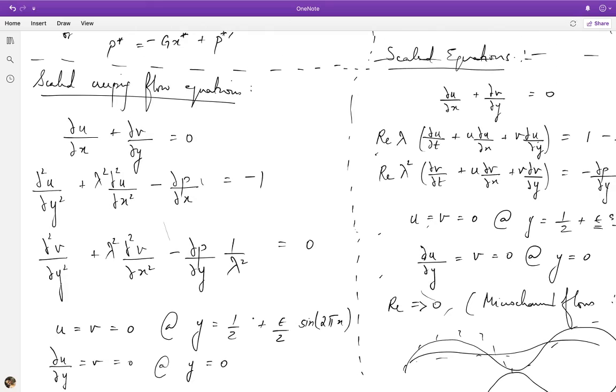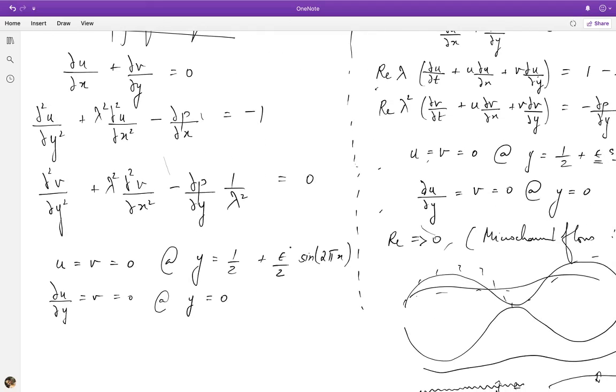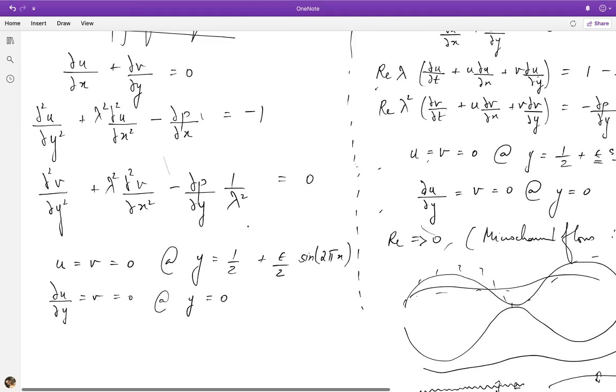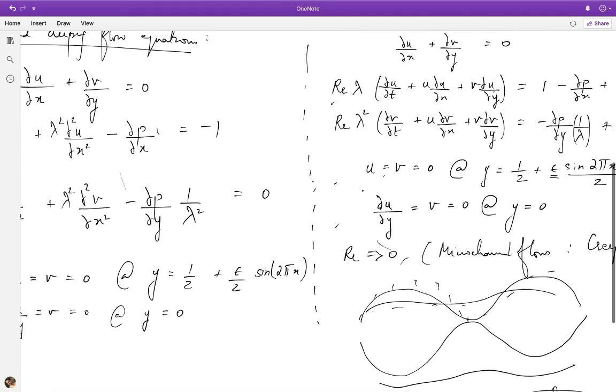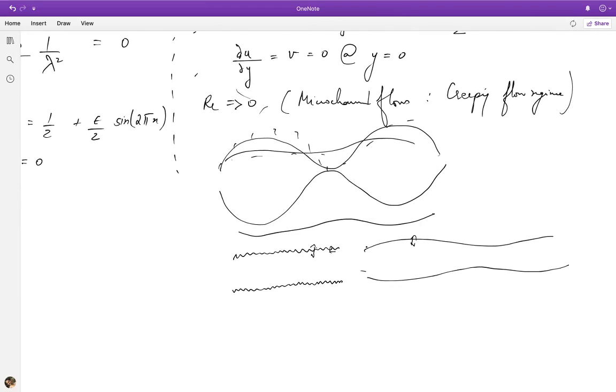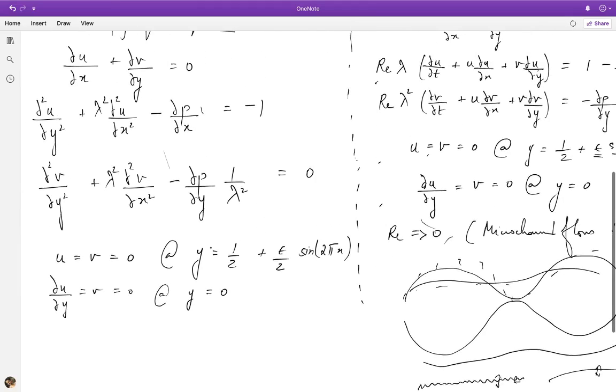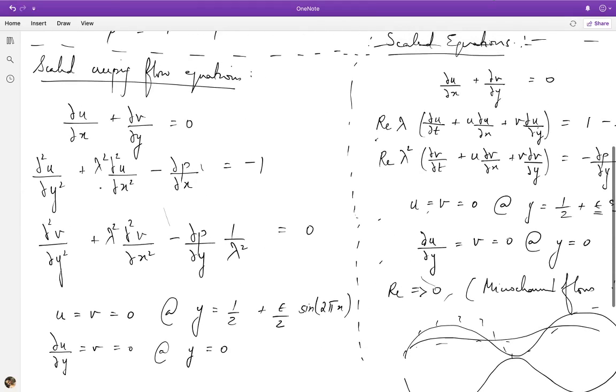There's another possible approximation to make, which is to say that let epsilon be arbitrary, small amplitude or large amplitude, but I require lambda to be small, which means that I'm looking at very lazy waves on the surface of the wall. You can see this could also be a perturbation parameter, because for small lambda, I would essentially get a simpler equation in the u direction.